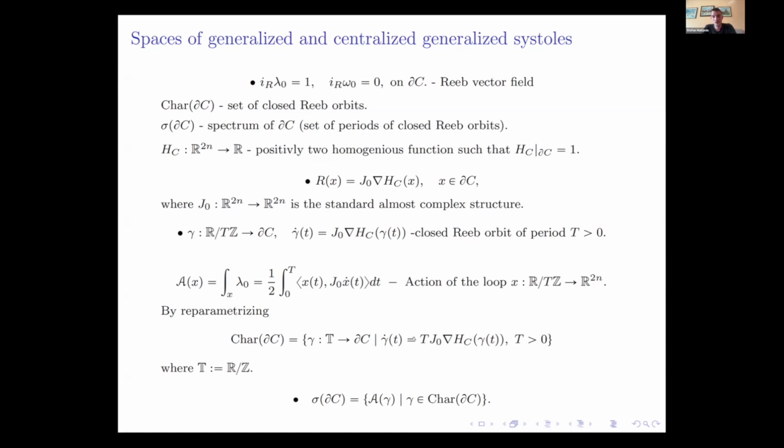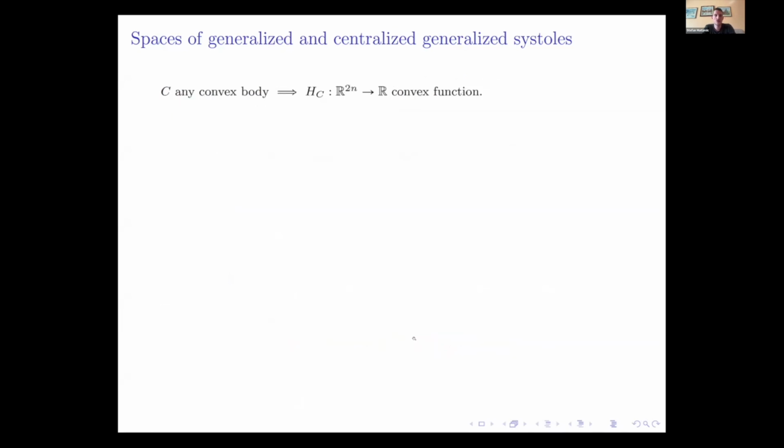Well, because as I said, we don't have the Reeb vector field in the standard sense, but this function HC still makes sense in a non-smooth setting. So now we have any convex body, and what is true is that this function HC is basically a convex function, and they are quite nice in the sense that they are, for instance, locally Lipschitz, which means they are differentiable almost everywhere.